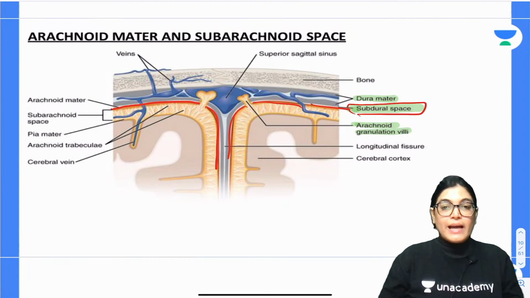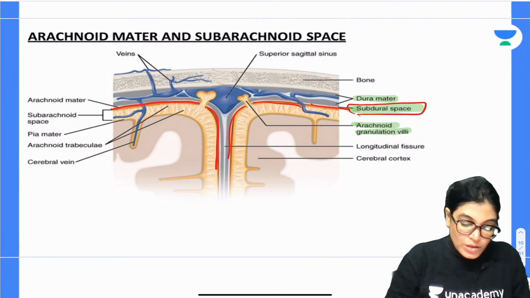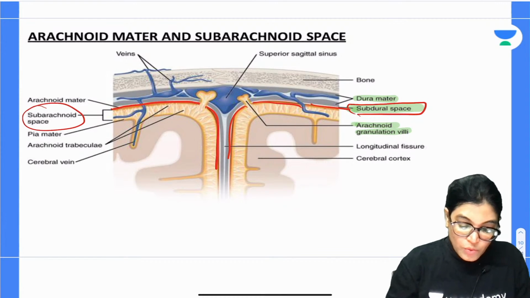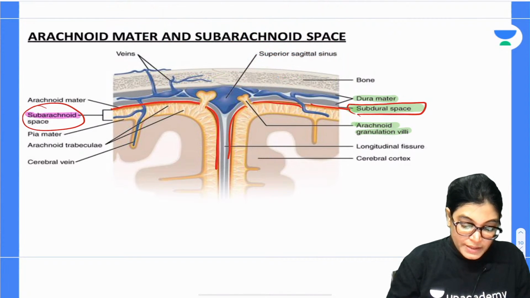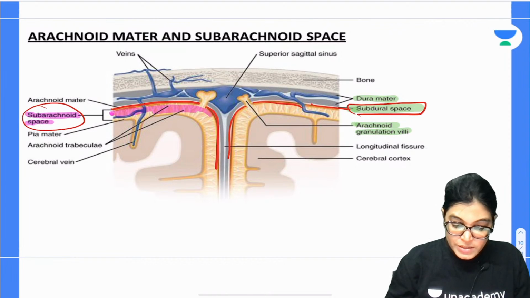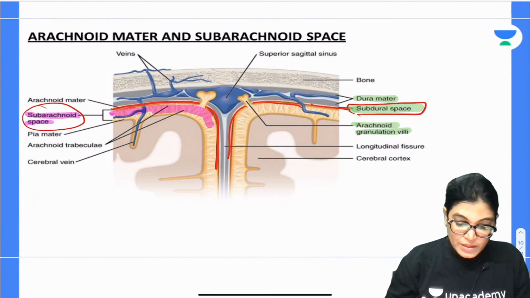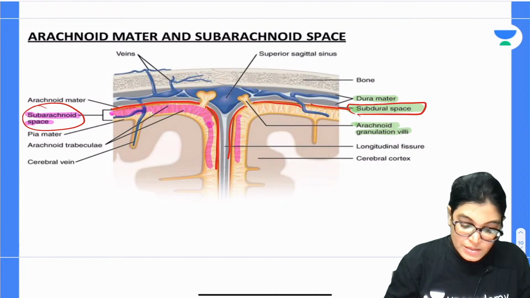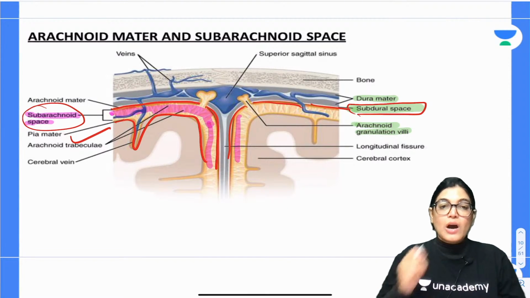Between the dura and the arachnoid there is the subdural space. The subdural space is located between the dura and the arachnoid layer, and below the arachnoid layer we have the subarachnoid space. You can clearly see the subarachnoid space located below the arachnoid layer. This space, my dear aspirants, is between the pia and the arachnoid, and below this there is a layer. This will be the pia mater. So this is how you can define it.